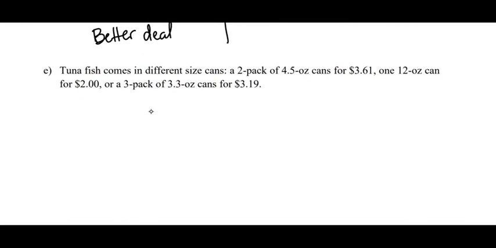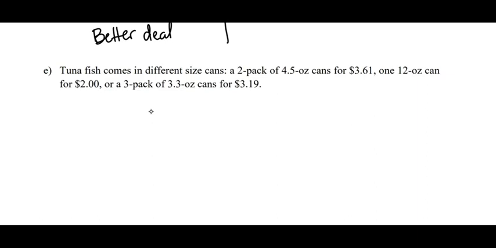All right, tuna fish comes in 3 different size cans. We have a 2-pack of 4.5 ounce cans for $3.61. We have one 12-ounce can of tuna for $2, and a 3-pack of 3.3 ounce cans for $3.19.